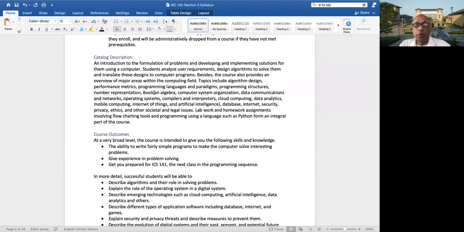The second aspect that I want to focus on is the fact that this course is an introduction to problem solving using computers. For most of you, and for all of you if you haven't done any programming, this is an entirely different way of thinking.